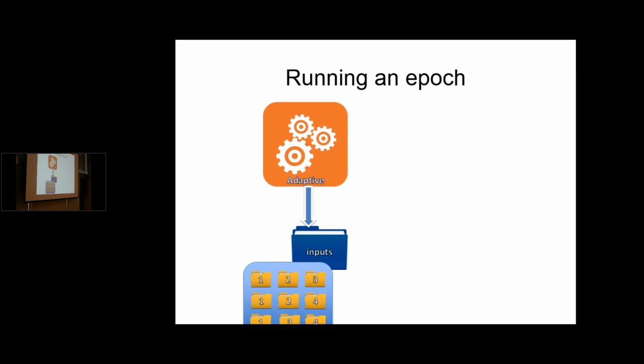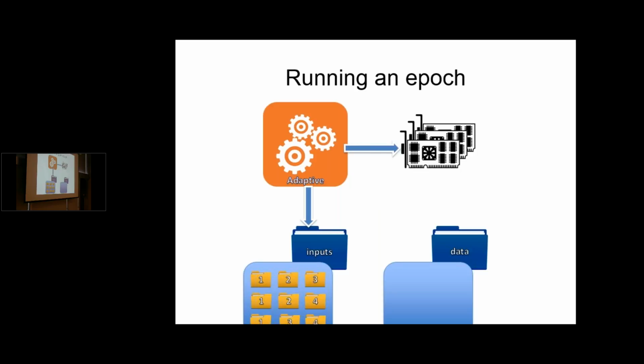So now we run an epoch, the first epoch. So what does it do? Adaptive creates a new folder data where it's going to store the completed simulations. That's, again, not necessary. If you want, you can configure the adaptive to store the simulations in the inputs folder if you want to have everything in the same folders.